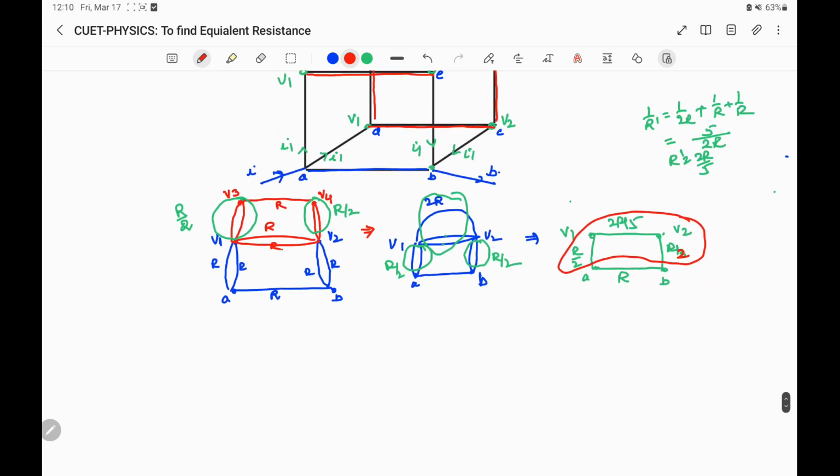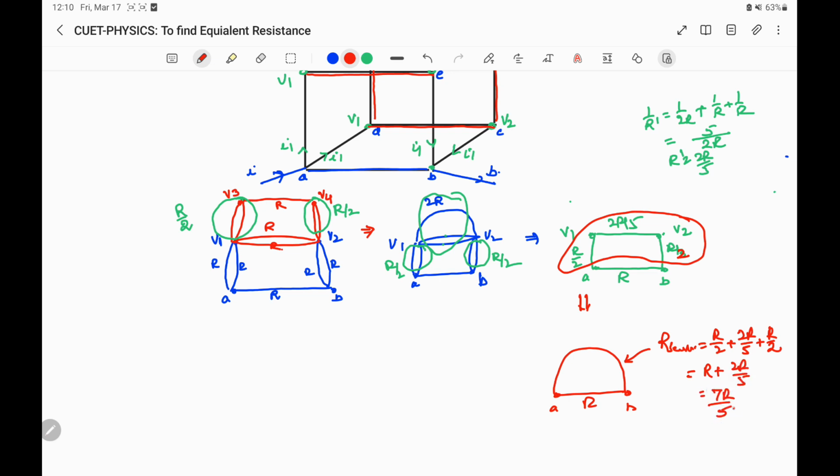So this circuit is reduced to this form: this is AB, there is a resistor R, and there is another resistor which is the series combination of R by 2, 2R by 5 and R by 2. So it is simply R plus 2R by 5, which is equal to 7R by 5.